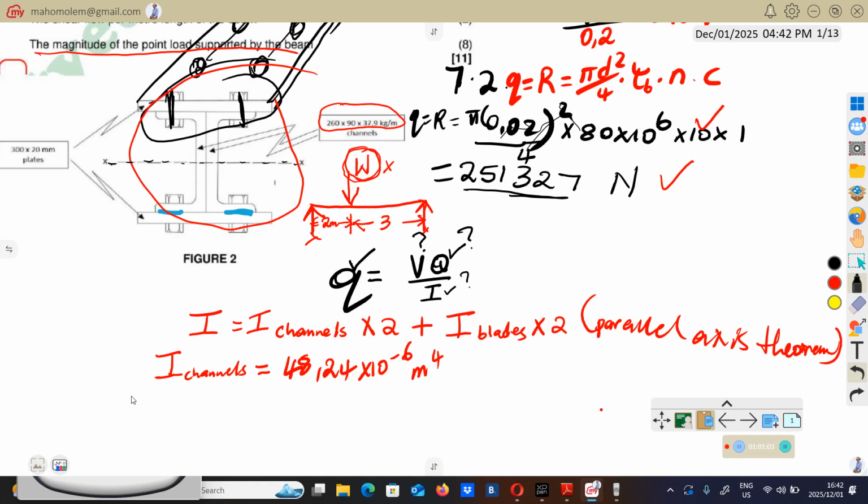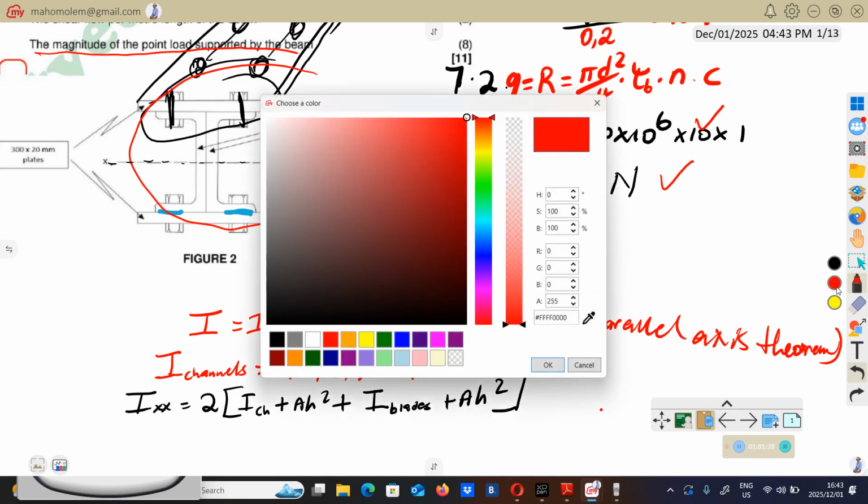Remember, from the parallel axis theorem, you are supposed to have Ix equals I of the channel plus A H squared, plus I of the plate plus A H squared.